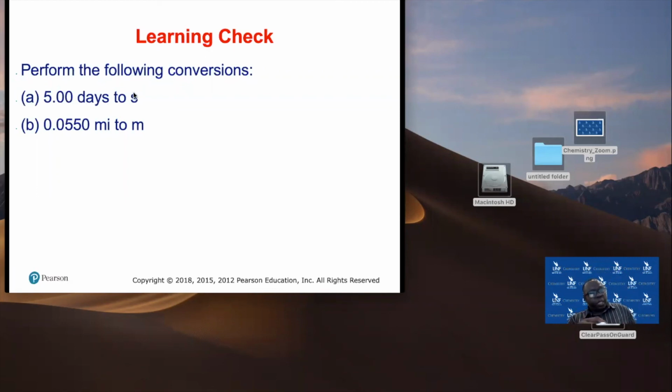It's not always true that you have only one conversion factor for every dimensional analysis you are expected to perform. You may need to use multiple conversion factors in order to arrive at the final answer with the correct units. So in this case, we may move from days to hours, from hours to minutes, and then from minutes to seconds.